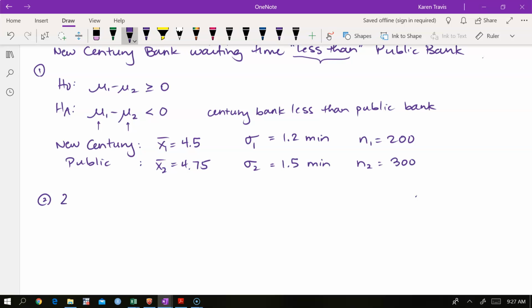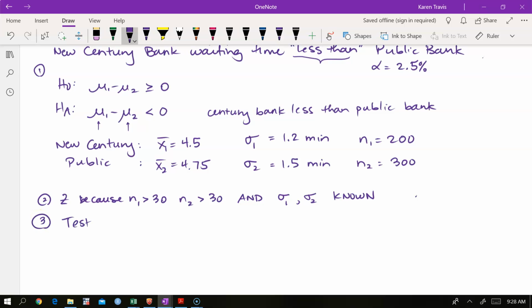We're going to use Z because we have at least 30 for both groups, and both population standard deviations are known. Next, it says what level of significance. We should put this up here that we're going to use a 2.5% level of significance.